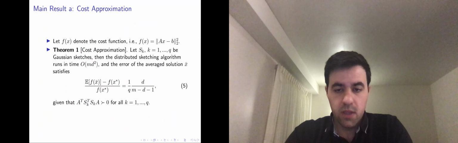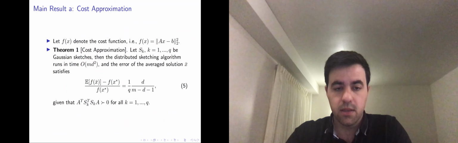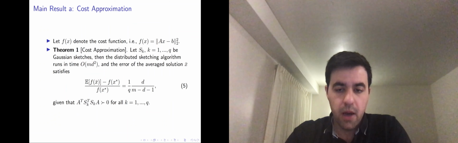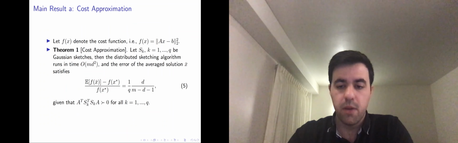Theorem 1 states that for Gaussian sketches, the error scales with 1 over Q, where Q is the number of workers. And very importantly, for Gaussian sketches, the averaged solution is unbiased, unlike other sketches. You can find more about the unbiasedness of Gaussian sketches and the bias bounds for other sketches such as uniform sampling in the full paper.